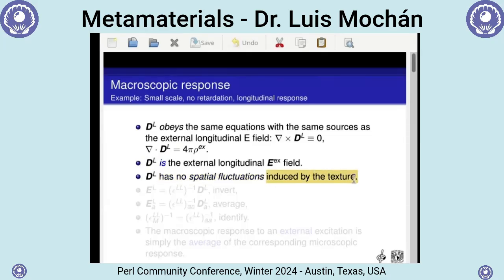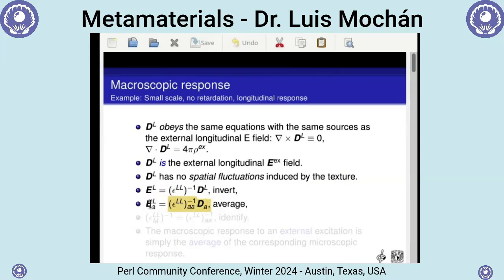That means that if you invert the equation that relates D to E and write the electric field as a response function, which is the inverse of the longitudinal projection of the permittivity, acting on the displacement field, if you first invert, then you can average. And since D has no fluctuations, the average of this product, in this case, is just the product of the averages.